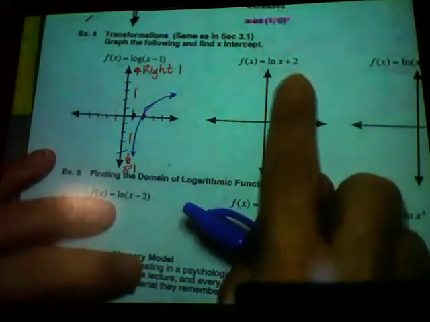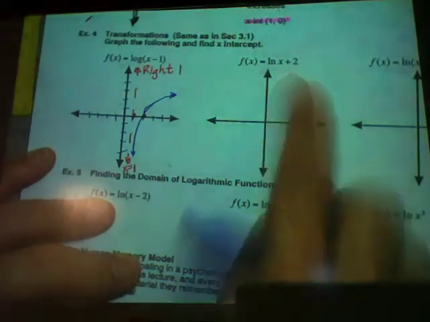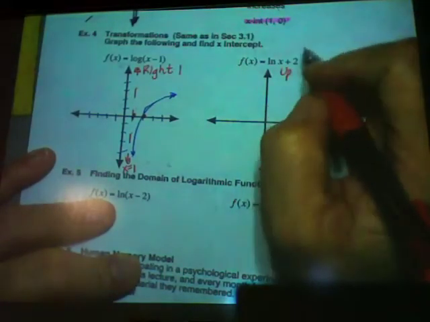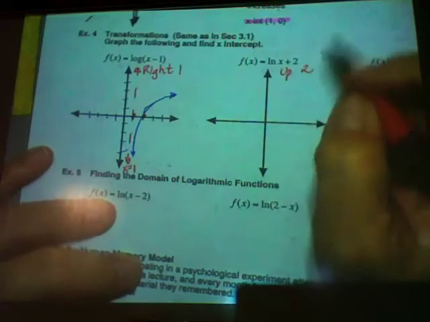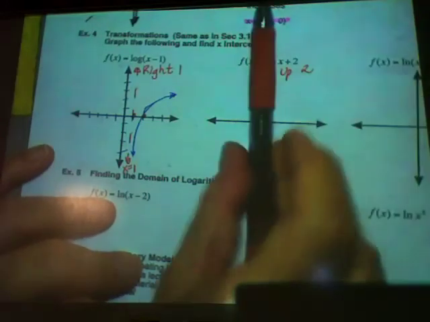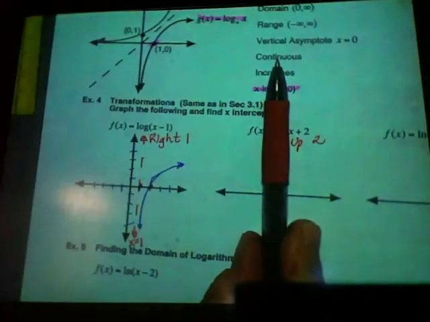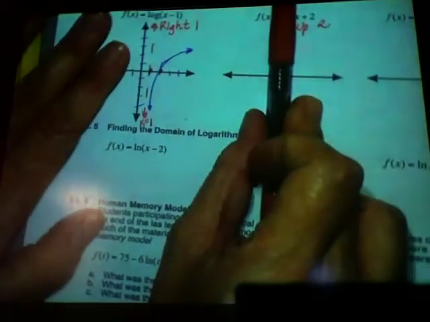All right, so with a shift of +2 outside the argument, what does that do? Up 2. Does up 2 affect the vertical asymptote? No, nope, because this doesn't change, right? Well, even though it's the natural log? Right, even though it's natural log, it's still going to look like this one up here. It has a slightly different curve, but I don't really care about the difference.